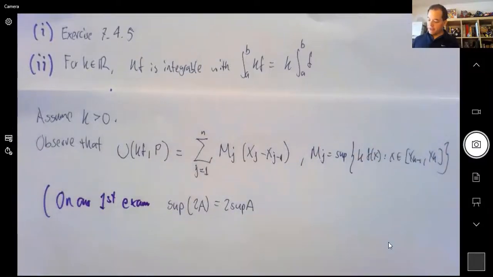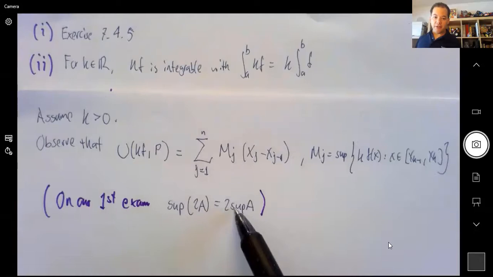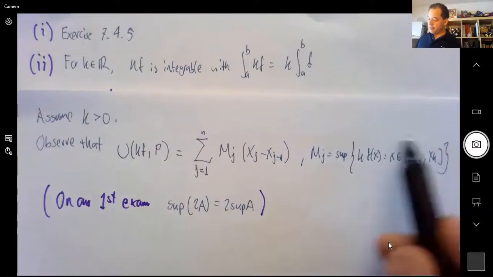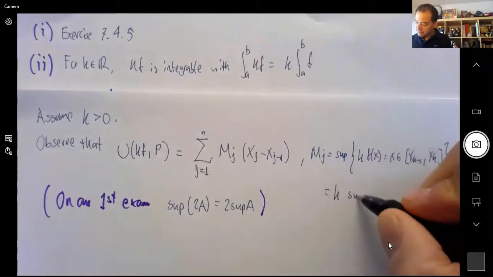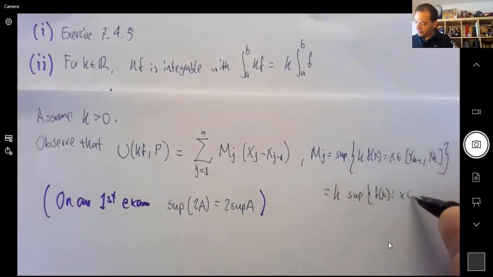And the way you did it, you can do exactly the same with a positive constant k instead. So this was a particular case of a more general problem. So that's exactly what we have here. This supremum happens to be the same as k times the supremum of just f. In other words, you can take the k out of the supremum.